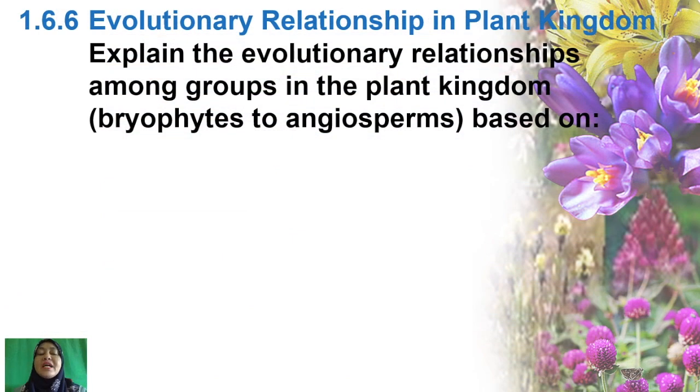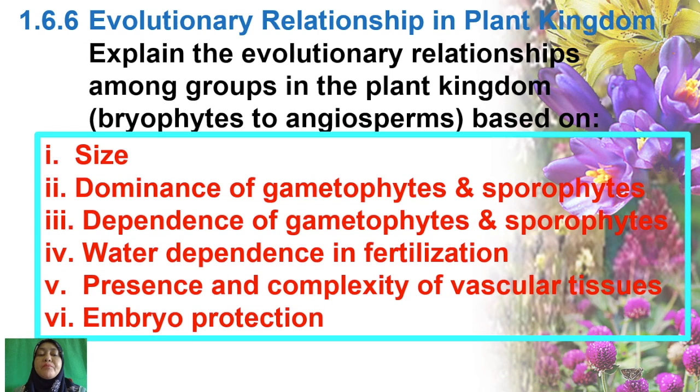This topic, 1.1.6, is the evolutionary relationship in the plant kingdom. This is the topic that you will discuss more during tutorial. The teacher just shares this evolutionary relationship so that you have an idea about it.